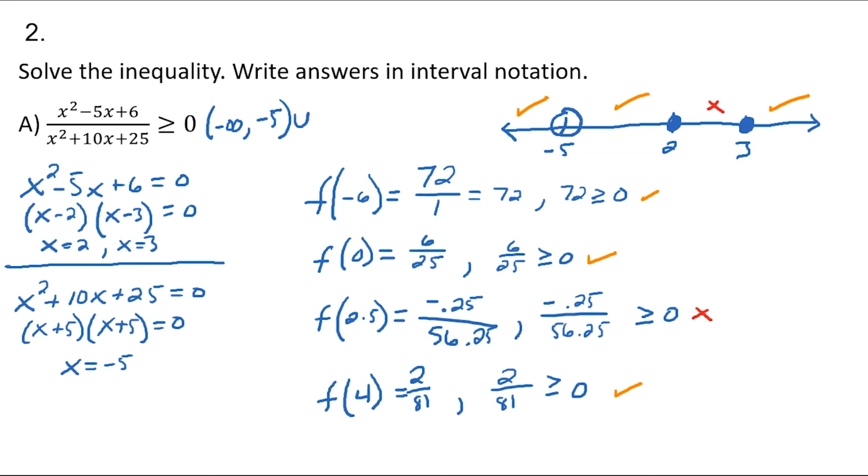This is union with negative 5 up to 2, but I want to include it, so a square bracket, union with 3 up to positive infinity. Okay, so here's our complete answer in interval notation.